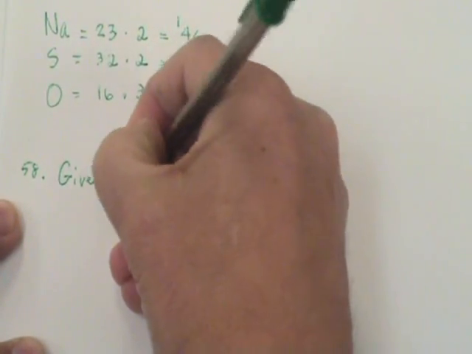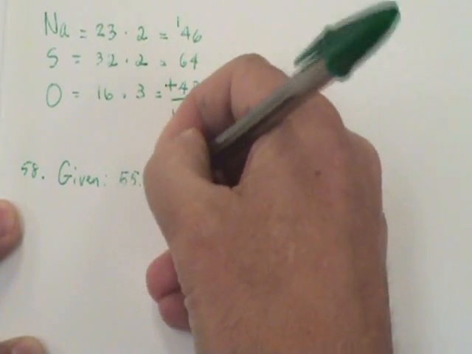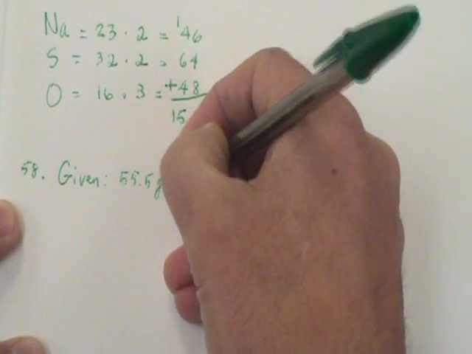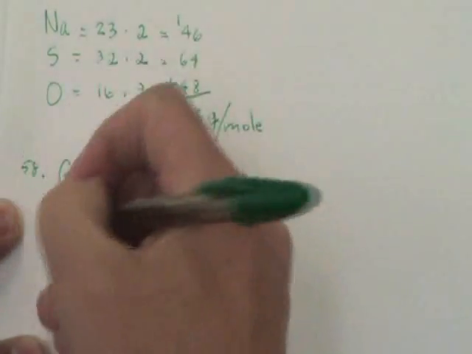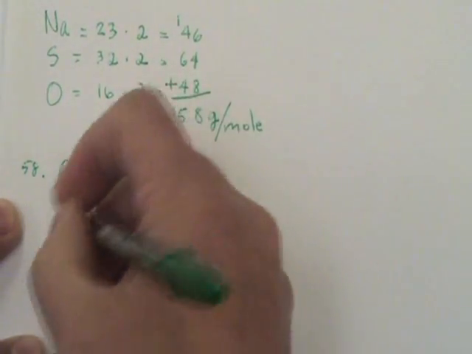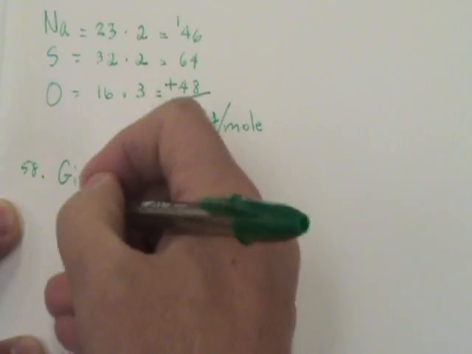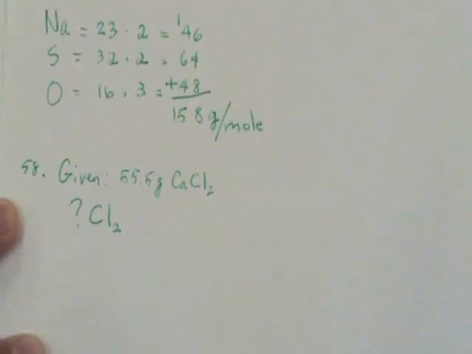So we have 55.5 grams of calcium chloride, and what are we asking for? It's our chloride ions.